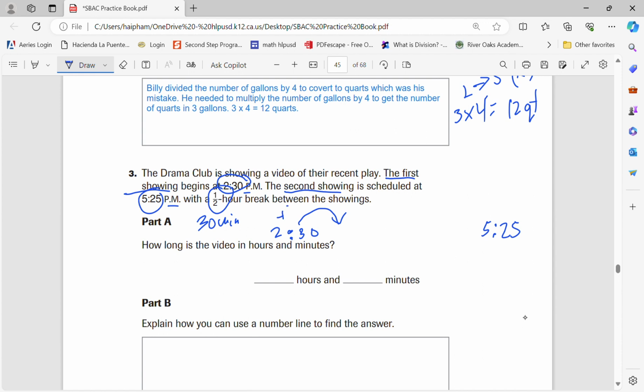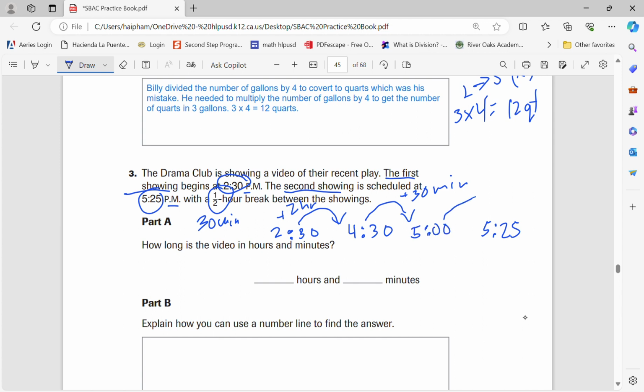So let's start with 2 hours. 2:30 plus 2 hours will be 4:30. You want to end at 5:25. If I add another 30 minutes, it'll take me to 5 o'clock.